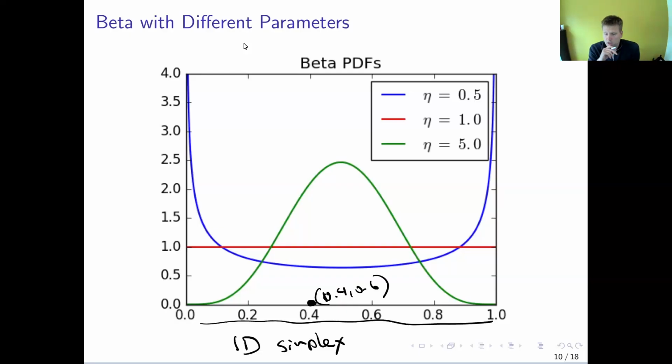Eta equals 1 is a uniform distribution, so you're going to consider all probabilities equally likely. Eta equals 5 is going to push you towards the center of the simplex, so you're going to tend to have more mass on 1/2, 1/2. And eta equals 0.5 pushes you towards the edges of the simplex, where you're either in the region of most probability on dimension 0 or most probability on dimension 1.